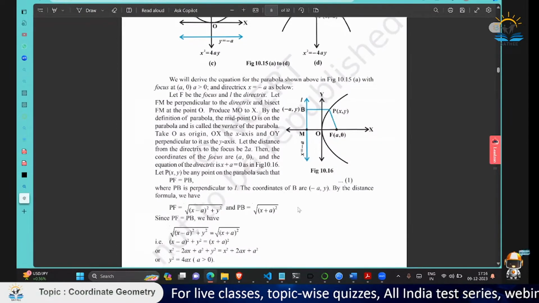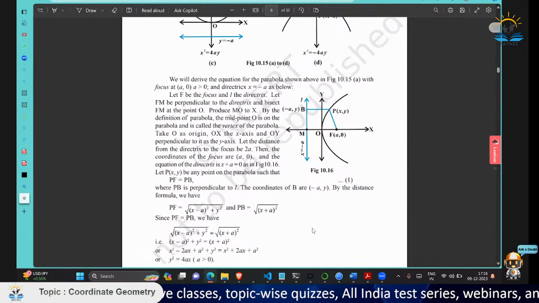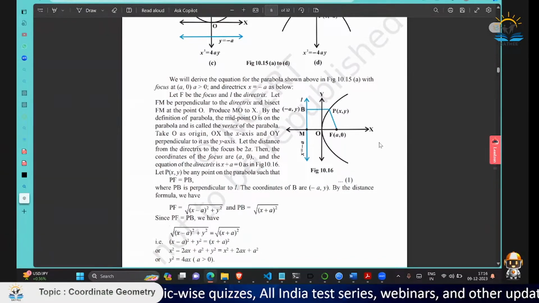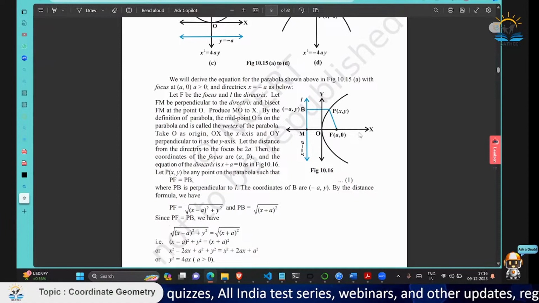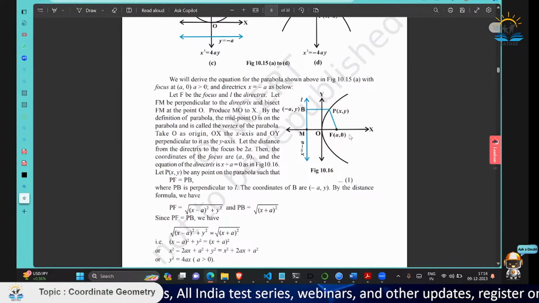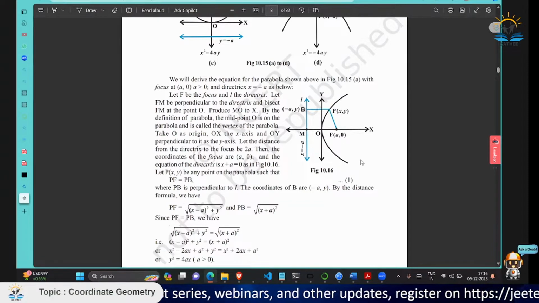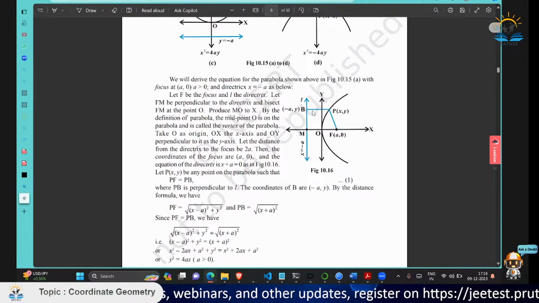Now, just like the way we derived the standard equation of a circle in terms of center and radius, we can do it here as well using just the definition. We have to equate the distance of a random point on the parabola from the focus and the directrix.